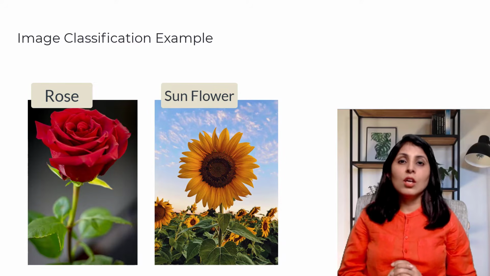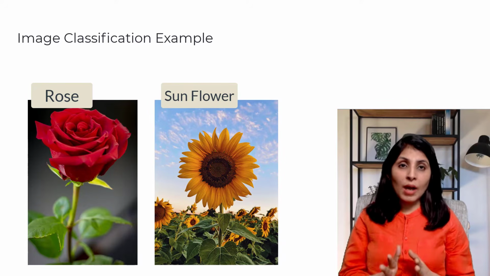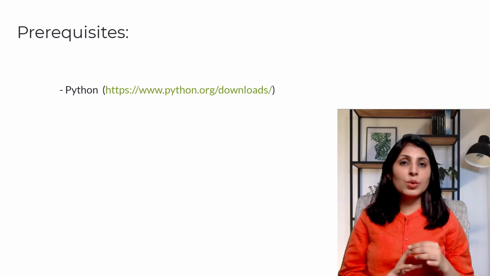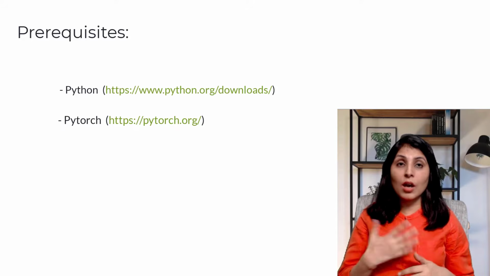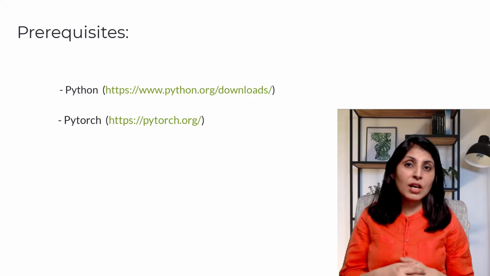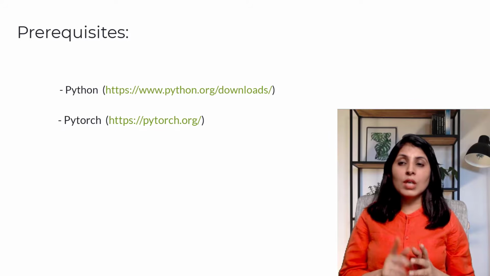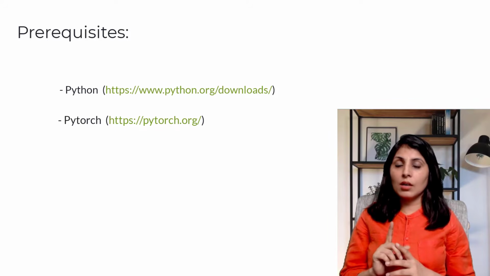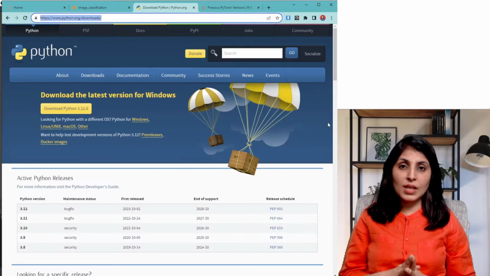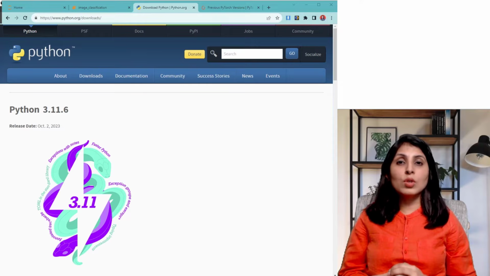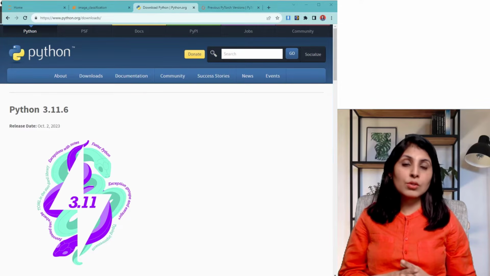So let's start. So guys, to run today's code, you need Python, and on that Python you need PyTorch because we are using the PyTorch framework for this image classification task. To download Python, you can visit the Python official website and download it from there. The version which I am using is this, and then you have to download PyTorch.